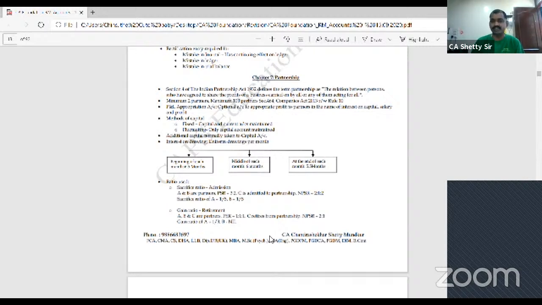Use the words profits of the business. Carried on by all, we say rightly, or any of them, not any one of them. It can be any of them. So, the relation between persons who have agreed to share the profits of a business carried on by all or any of them acting for all. This is the definition. All of you must learn this by heart. So, any theoretical question on partnership, you can write this.